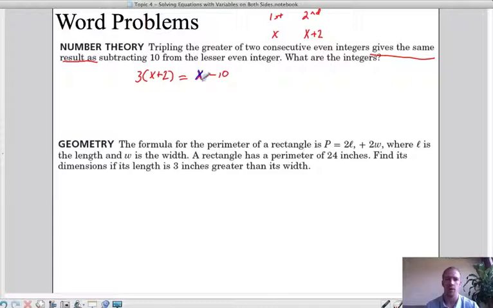This is our first even and our second even number, right? Now we just got a variable on both sides kind of equation that we got to solve. So we distribute. We get 3x plus 6 equals x minus 10, right? We bring down everything that we didn't do anything to. Now I subtract x and get 2x plus 6 equals negative 10.